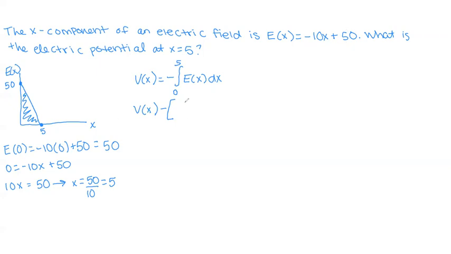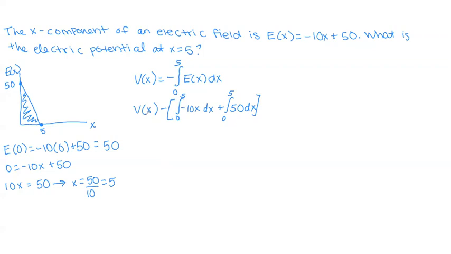It just simplifies things quite a bit. So that's just how I'm going to write it now. So we have negative the integral from 0 to 5 of negative 10x dx plus the integral from 0 to 5 of 50 dx.